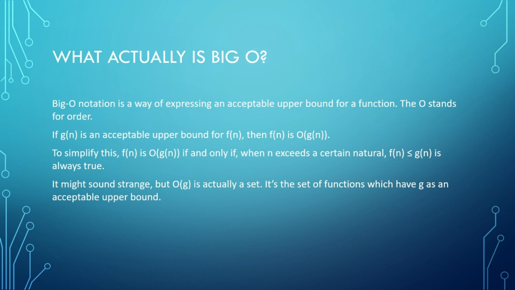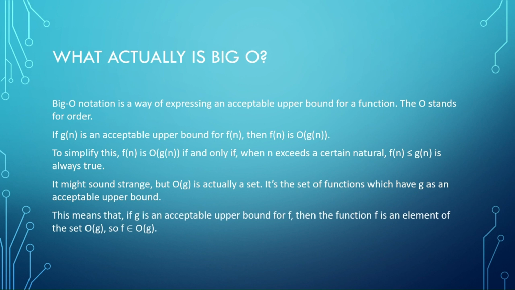That's kind of the theory behind that. So it means that if g is an acceptable upper bound for f, for any function f, then the function f is an element of the set order g, if that makes sense.